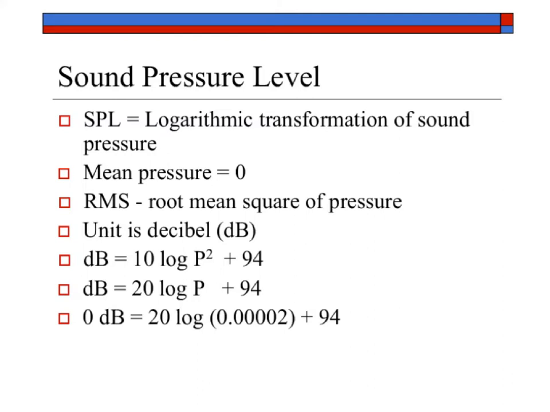Instead, the pressure that we deal with before taking the logarithm is what's called the RMS pressure, root mean square of the pressure. Mathematically, the way this is done is to square each pressure value, so the positive ones squared are positive and the negative ones squared are positive, and then take the mean or the average of those squares, and then take the square root of the mean of the squares, and that's the RMS value.